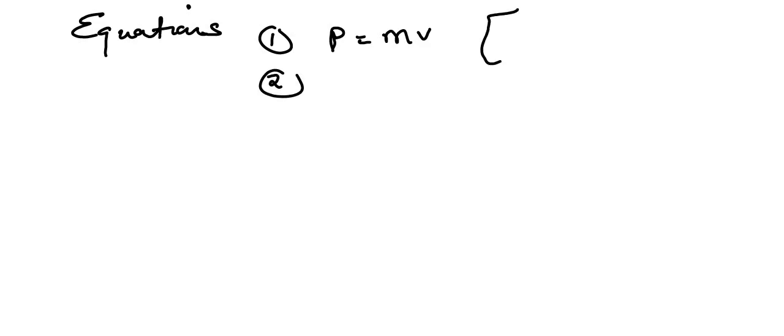So maybe just a summary of the equations we've discussed so far. The first one, we said momentum is mass times velocity. So this implies we can have initial momentum, mu, or final momentum, which is mv.